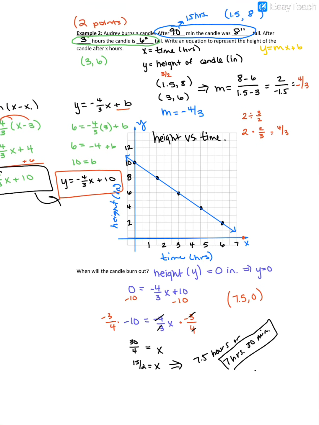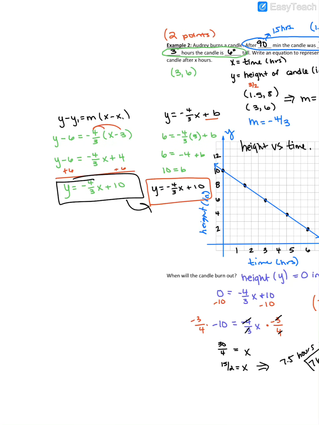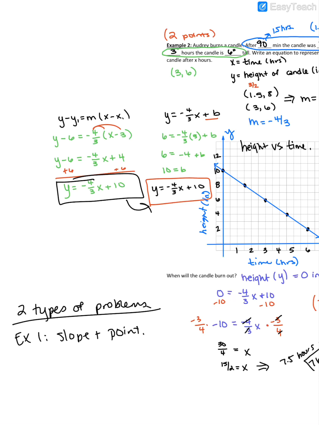We would have written the equation, we graphed it, and we interpreted the intercepts. Like I said, there are 2 types of problems. If you just want to put a little side note on here, those are 2 types of problems that you can look for. Example 1 gave you the slope, and it's going to give you some kind of point.